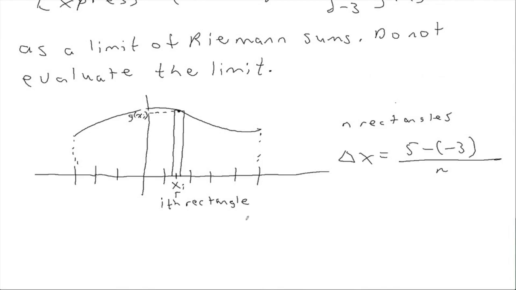It's good that you took your time and figured it out. So the width is delta x. The height is g of xi. So xi doesn't appear here separately. We're just using it to find the height. So this is the area of the ith rectangle.